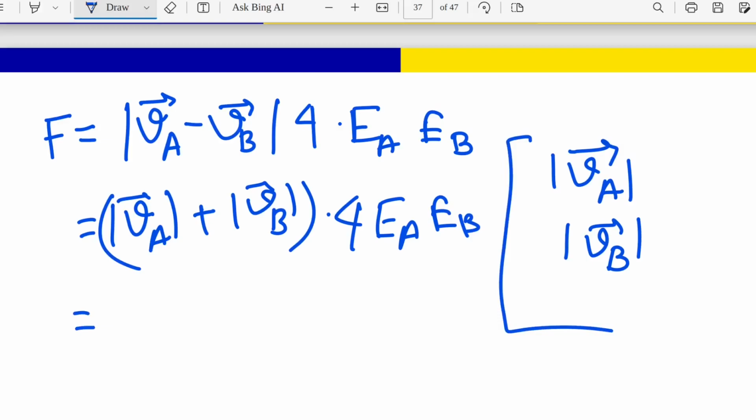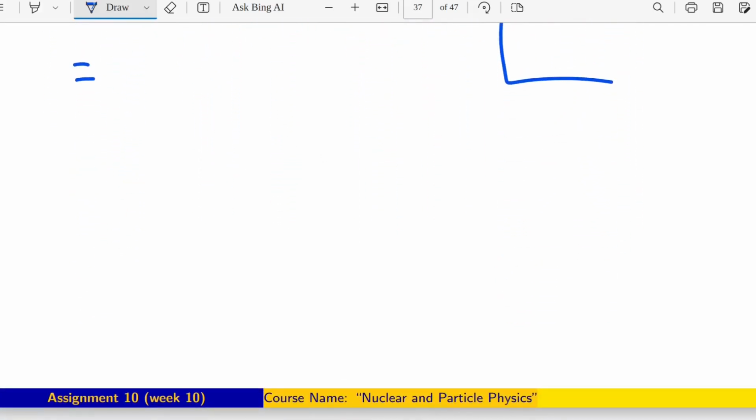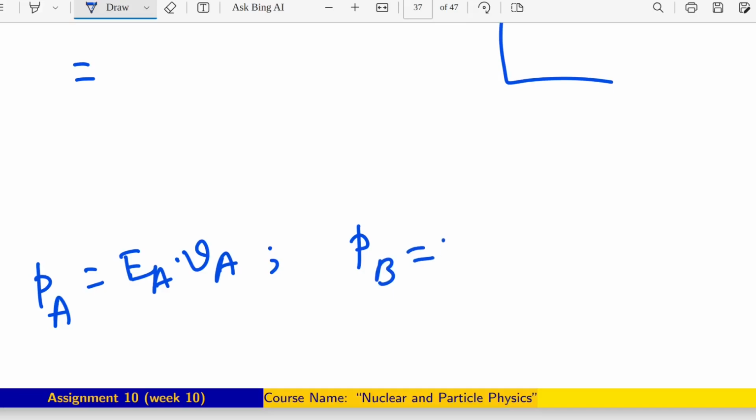Now how to calculate VA and VB? PA is EA into VA, and PB is EB into VB.